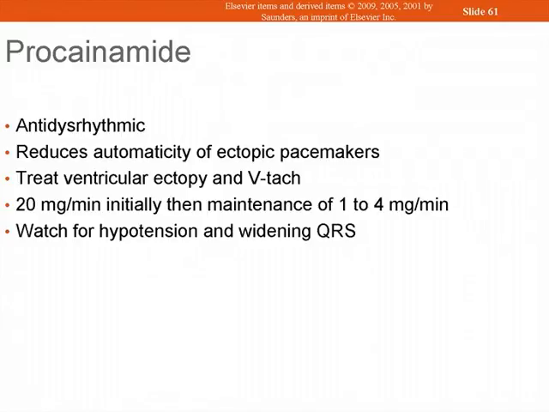You definitely want to monitor for hypotension and any QRS widening, as that is a problem that Pronestyl has. It will widen your QRS and cause delay in the AV node and bundle branch blocks. So you want to monitor for that.